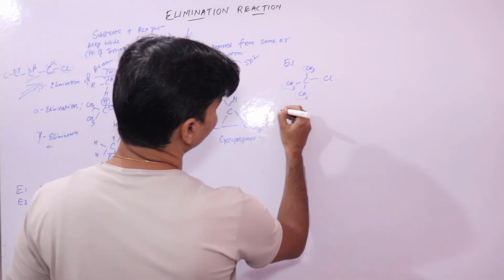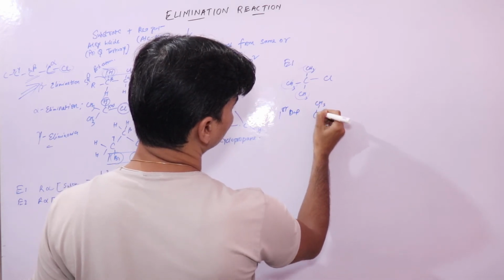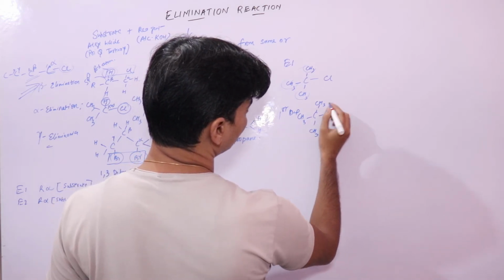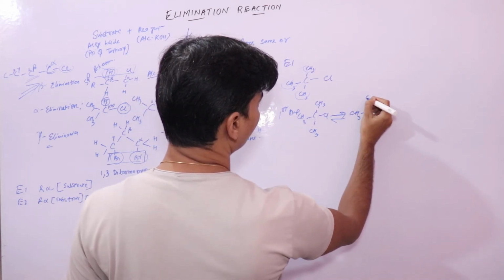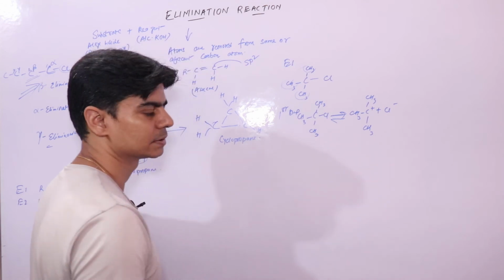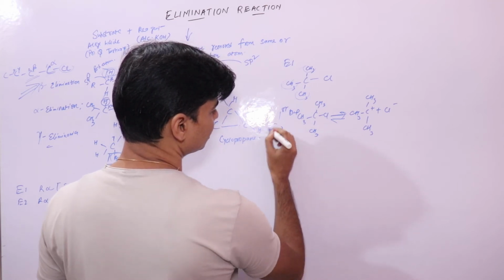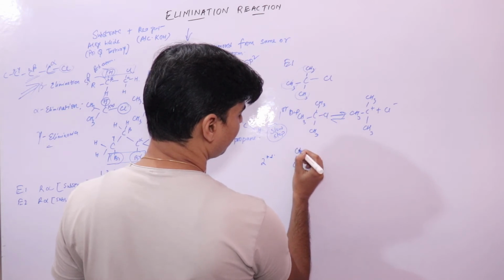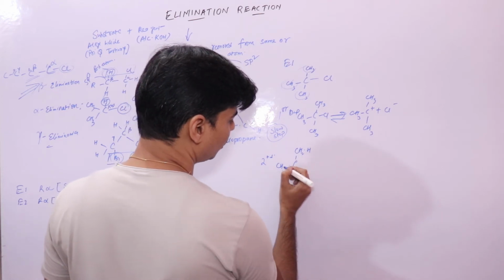So the first step is the ionization of the tertiary halide. It will form this. Now this is your slow step. Now the second step is that the reagent will attack this beta hydrogen atom to form an alkene.